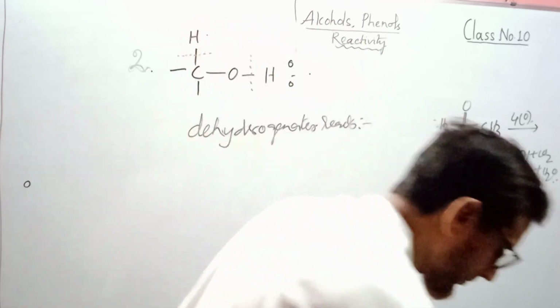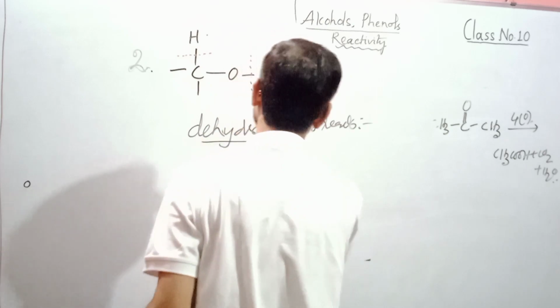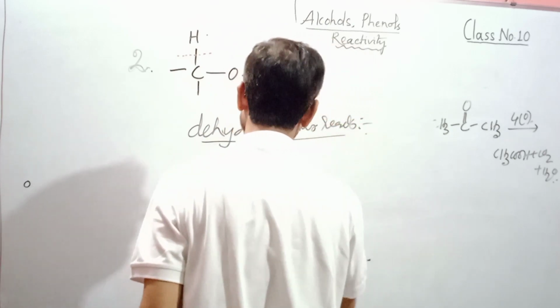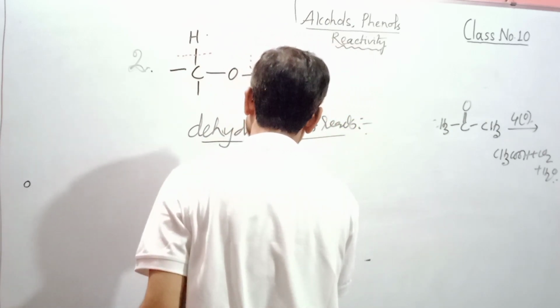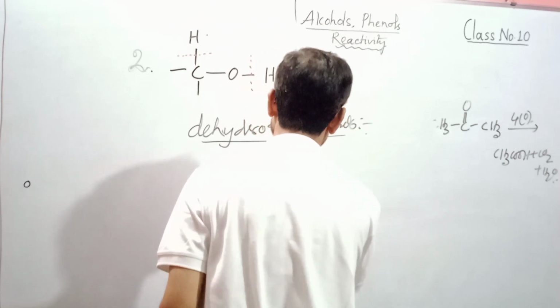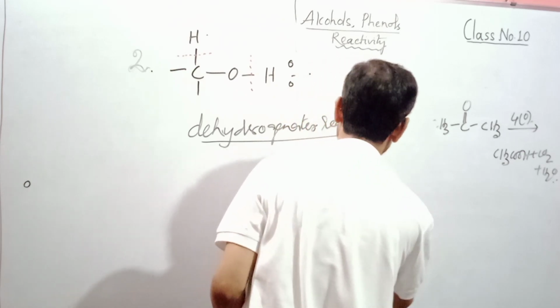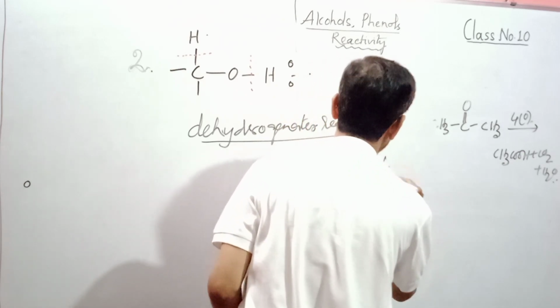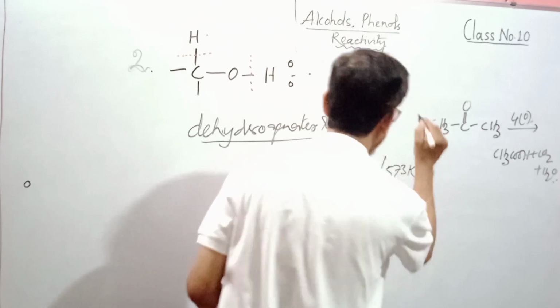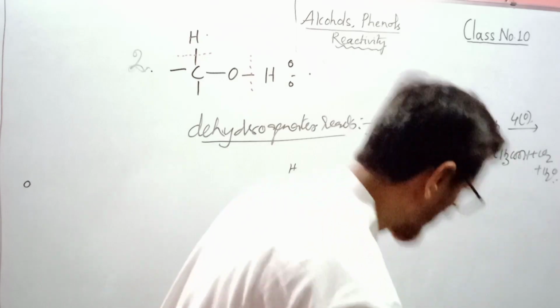Dehydrogenation reaction is a type of reaction: CH3CH2OH occurs in presence of copper at 573 Kelvin.